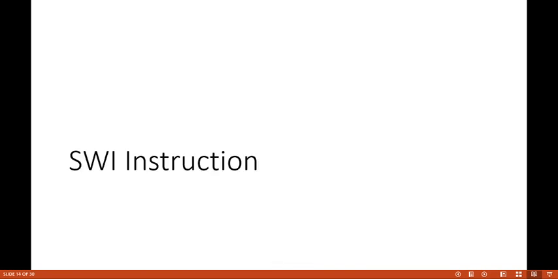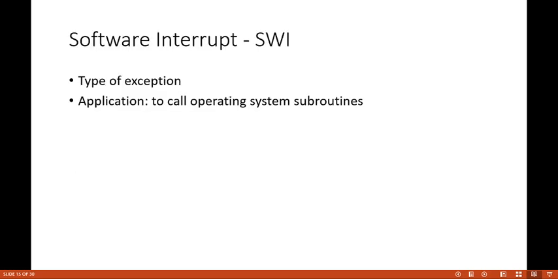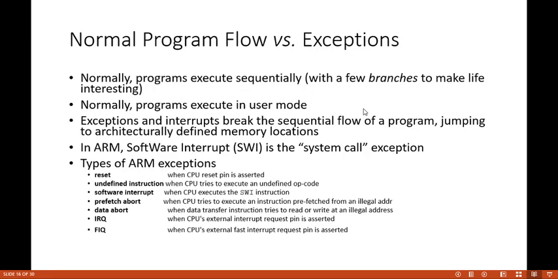Then we will go to the SWI, another important instruction of ARM7, software interrupt. Software interrupt or SWI is a type of exception, and the application of the software interrupt is to call operating system subroutines. So when you want to execute the subroutines, you are using the software interrupt.